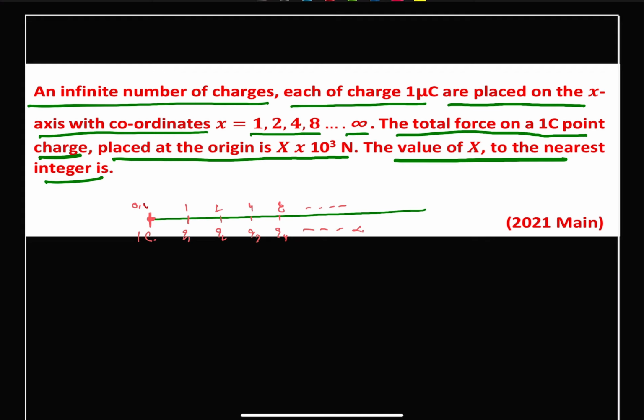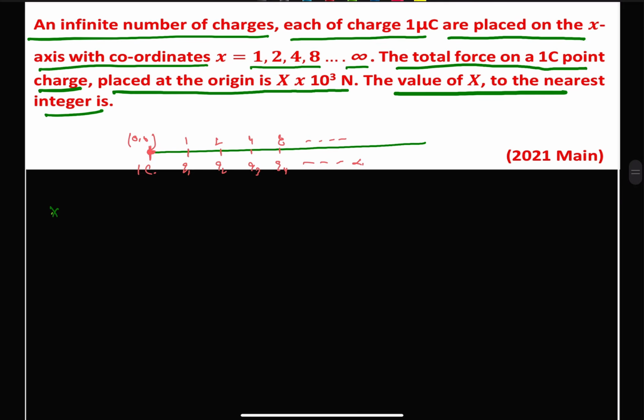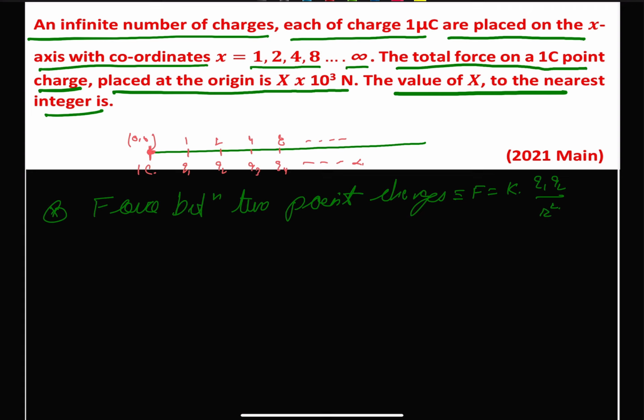The basic formula of the force between 2 point charges, we know, is F equal to K Q1 Q2 upon R square, where R is the distance from the origin to each charge, and all the charges are positive, so there will be a repulsive force between them.